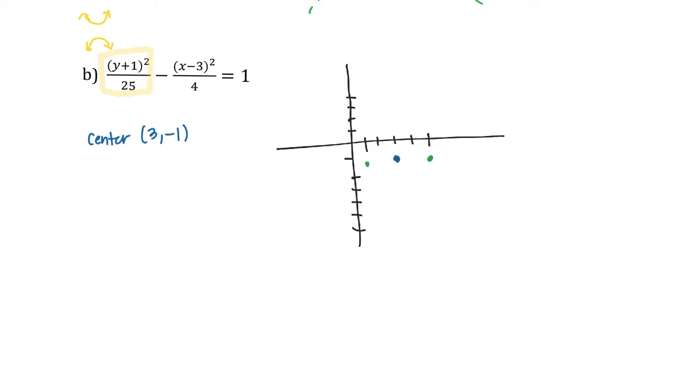And if you have graph paper, your graph will look significantly better than this. Okay, now pause because this is not an ellipse. This is a hyperbola. So I'm going to go ahead and draw a rectangle so that each of those points is the midpoint of a side. And this is to guide my asymptotes.